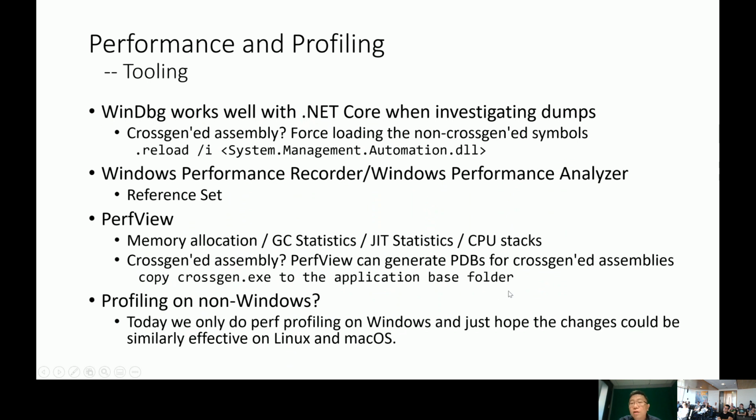So for example, in PowerShell, if you want to debug the official release of PowerShell, then all we have to do is find the corresponding crossgen.exe and copy that into the $PSHOME, and then PerfView is able to generate the PDBs for our assemblies directly.